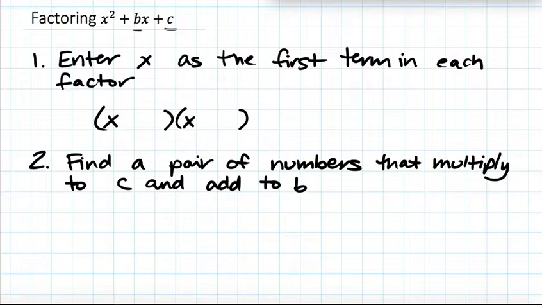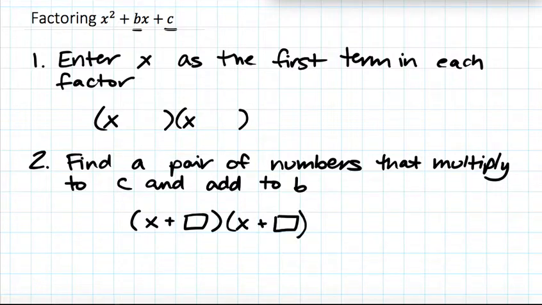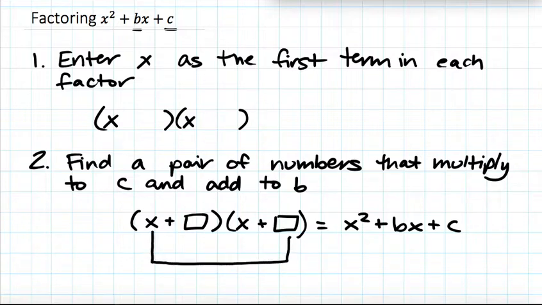And this is a little picture that's in the book that I kind of like for illustrating this. We have x plus box times x plus another box, not necessarily the same. And when we do FOIL on this, we get x squared plus bx plus c. The b comes from combining the outside and the inside terms.